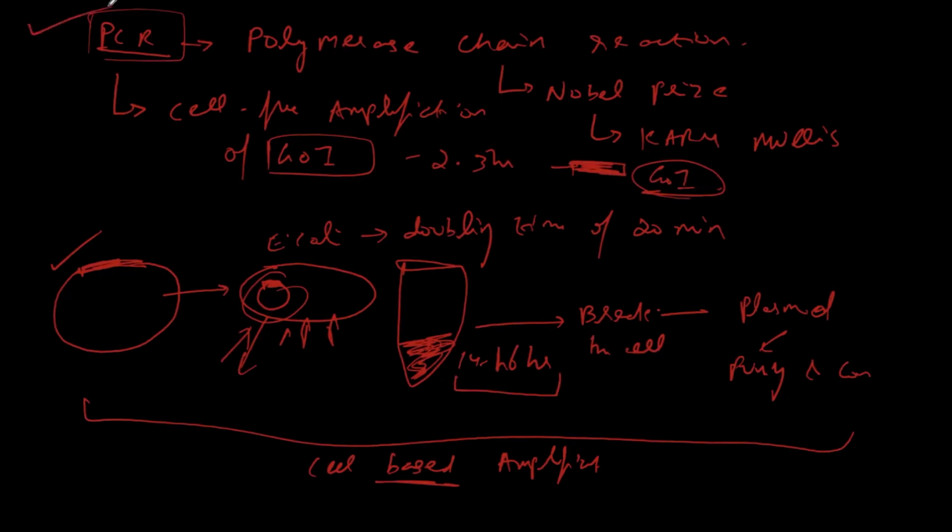That's why this cell-free amplification method, PCR, has gained tremendous limelight in the field of biology. And since PCR is so impactful, the scientist himself was awarded the Nobel Prize, the highest prize in biology.